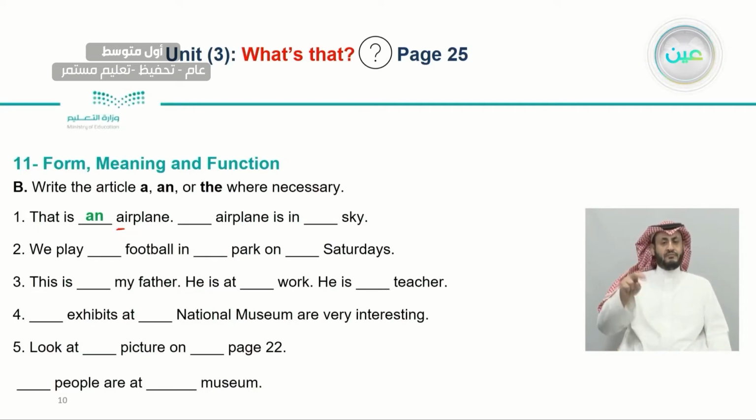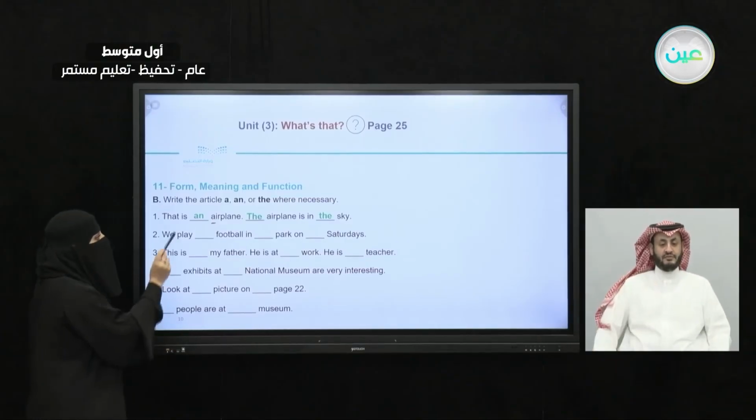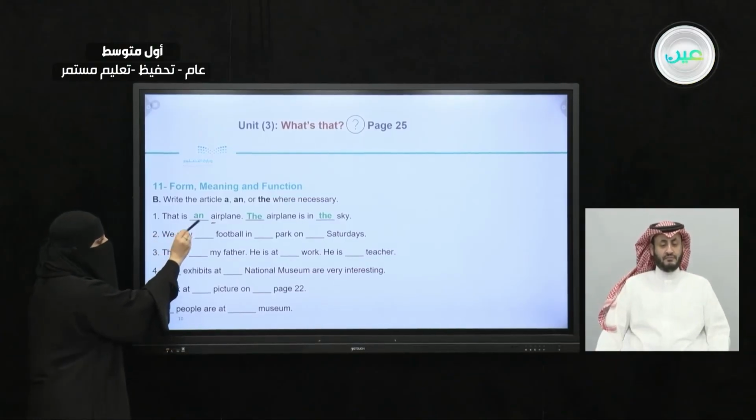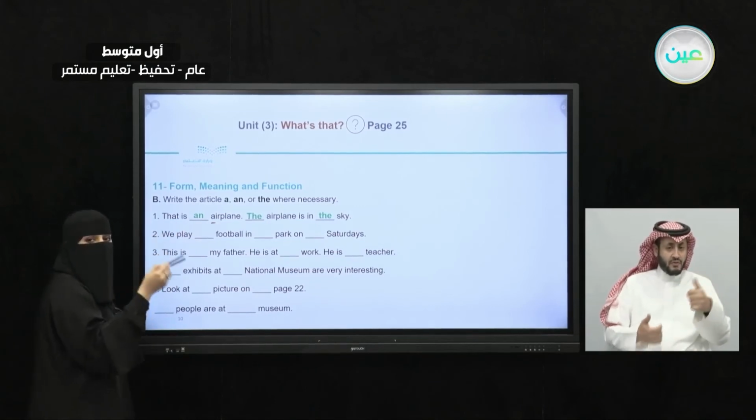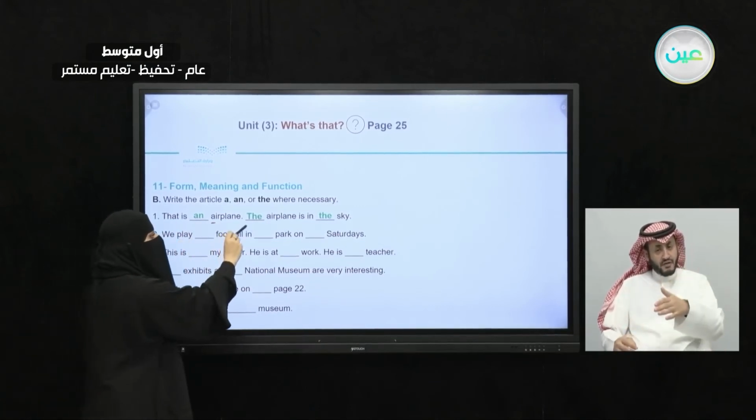The second time when I mention the same item, what should I do? Repeat the same article or choose the, what do you think? Good job, good guess. The airplane is in the sky. Let's look back. Why did I first choose an airplane, then the second time I mentioned airplane, I used the?